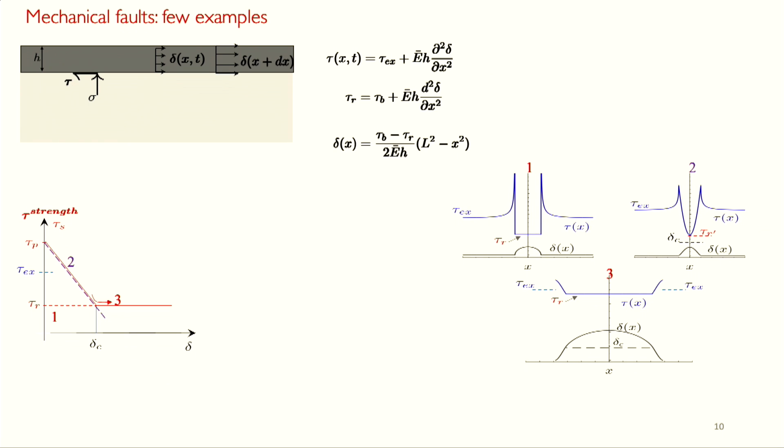At the interface we get tau r, and we can solve this simple relation to find a slip distribution like that, where at plus L and minus L slip goes to 0. So this is the scenario for the strength, which is just this dashed red line, not these two.